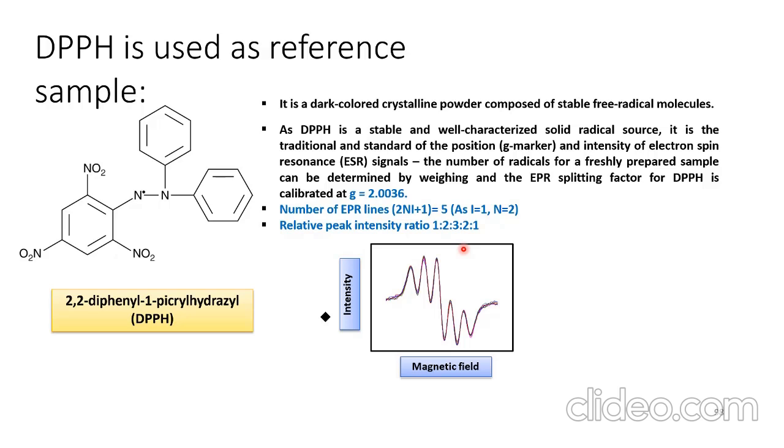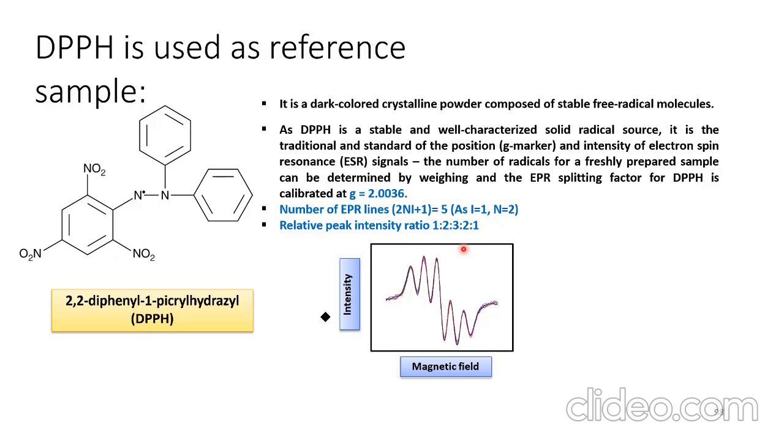It is a traditional standard for the position of the g mark and the intensity of the electron spin resonance signal. The number of radicals for a freshly prepared sample can be determined by weighing, and the EPR splitting factor for DPPH is calibrated: g equals 2.0036. So this is a calibrated sample, which is why it is generally used for calibration purposes.